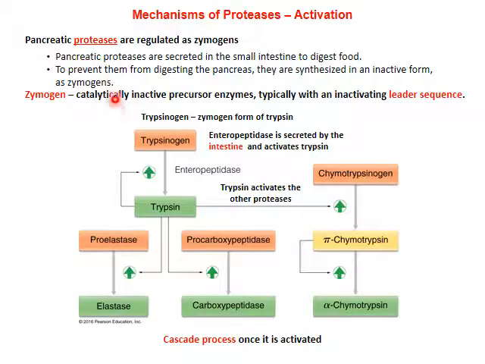Proteases are enzymes that are secreted in the small intestine to help us digest our food. And they're made in the pancreas, but if they were active in the pancreas, they would start digesting the pancreas up, because proteases are used to break down peptide bonds. In other words, they hydrolyze peptide bonds.